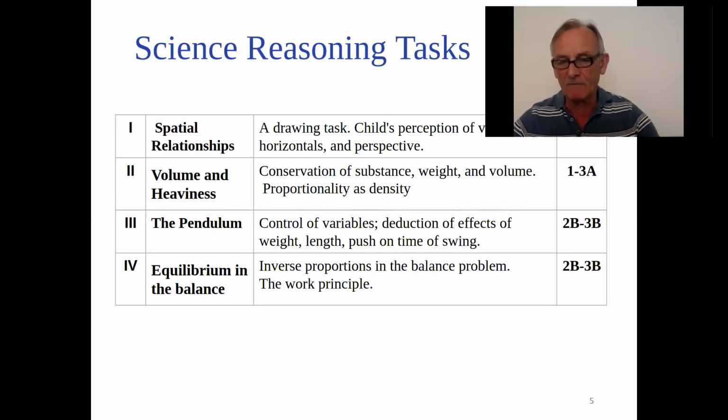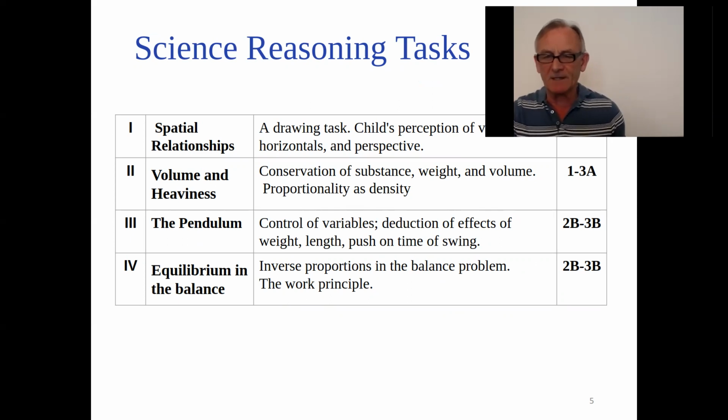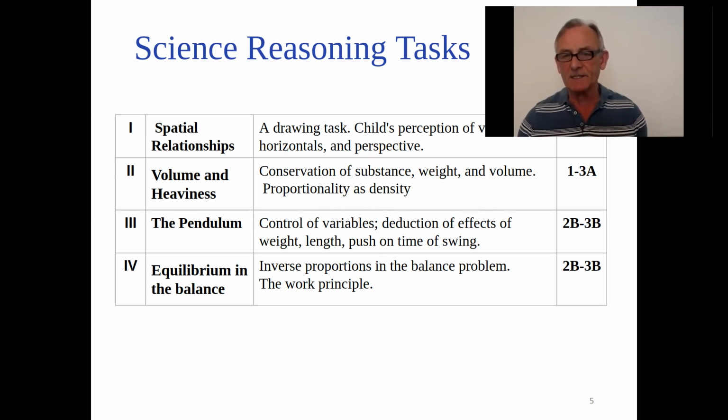These are 4 of the 7 that have been the most used. I've used them with, I think, about 1,500 students in my career. Every class that I would take, no matter what age, I would use one of these tasks to begin with. These are the kind of things that Piaget did.